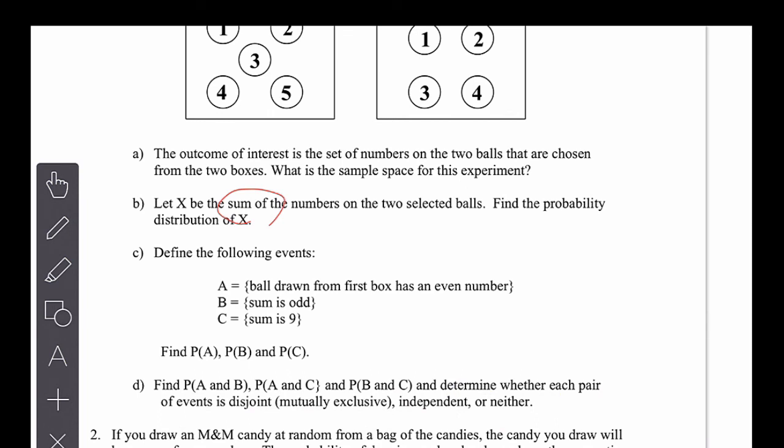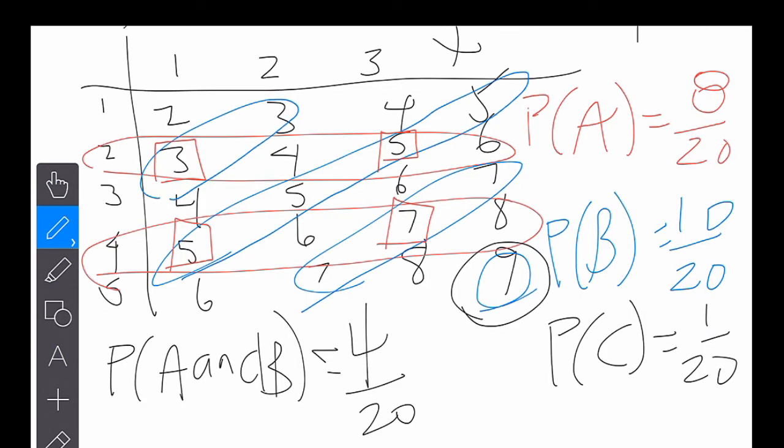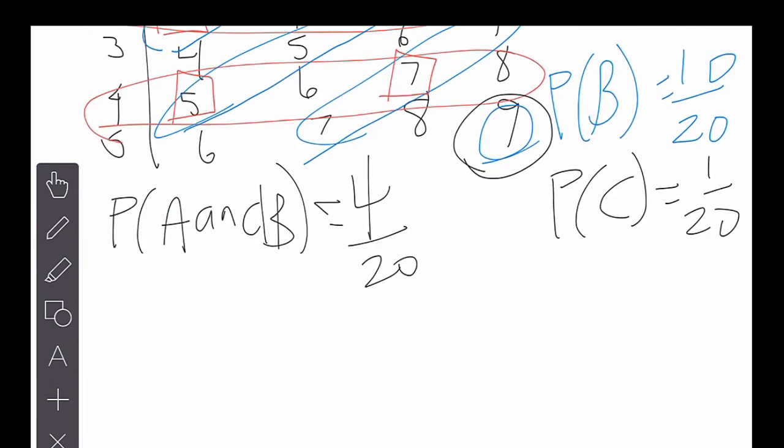Well, the only way they would be disjoint is if the probability of A and B was 0. So they're not disjoint. They actually have outcomes in the overlap. So let's check independence. Now, the other day I taught you how to check for independence. Let's use that same technique. A and B are independent if the statement is true.